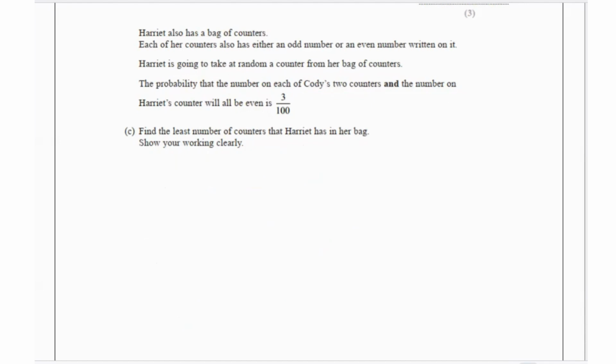The question has clearly said that the probability that the number on each of Cody's two counters and the number on Harriet's counter will all be even is 3 over 100. So the probability of getting an even number from bag A was 3 over 10, and the probability of getting an even number from bag B was 5 over 12, times x, which is the probability of getting an even number from Harriet. These three multiplied give us 3 over 100.